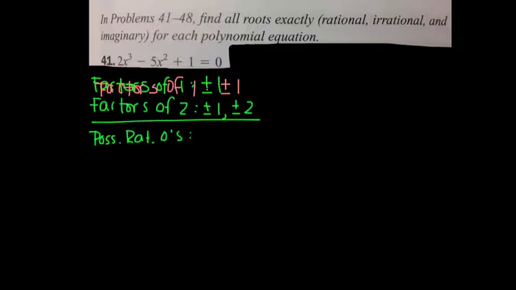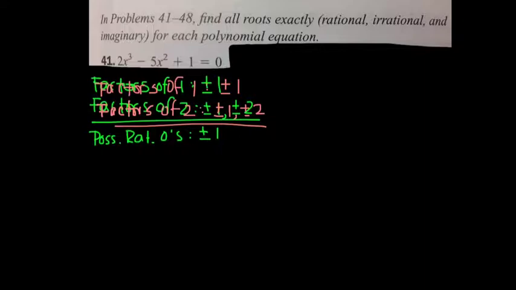After I find the factors of that constant, I need to find factors of the leading coefficient, or factors of the number with that very first term. So in this case, that would mean factors of 2, which are just plus or minus 1 and plus or minus 2.